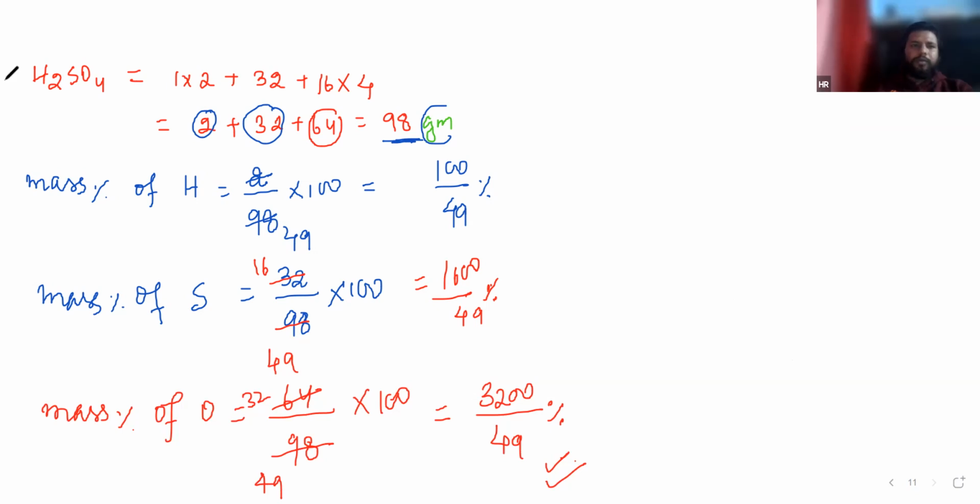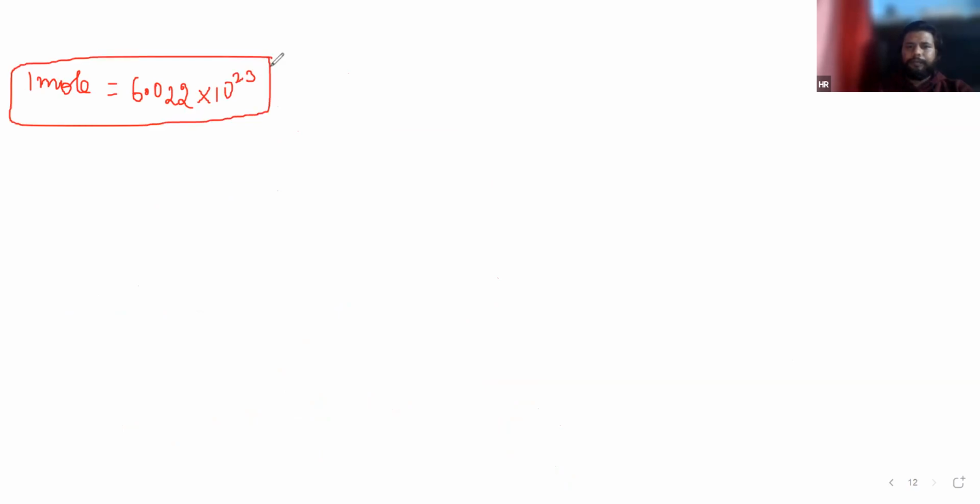Just see, you all know that 1 mole equals 6.022 into 10 raised to the power 23. Okay. Now, we have some questions like 49 gram of H2SO4.